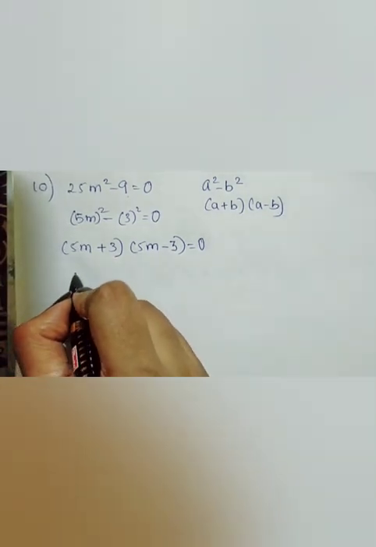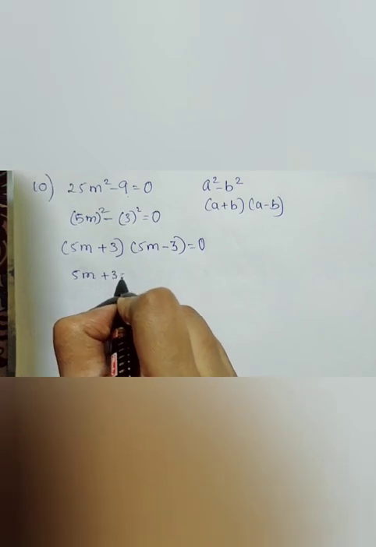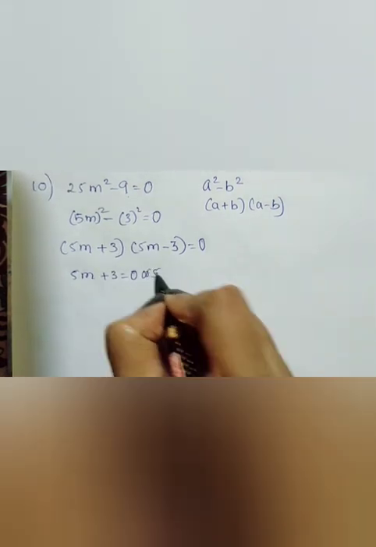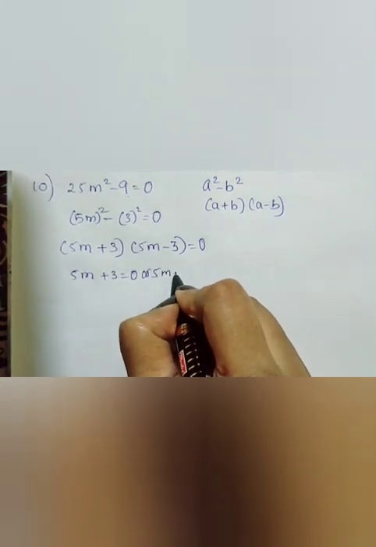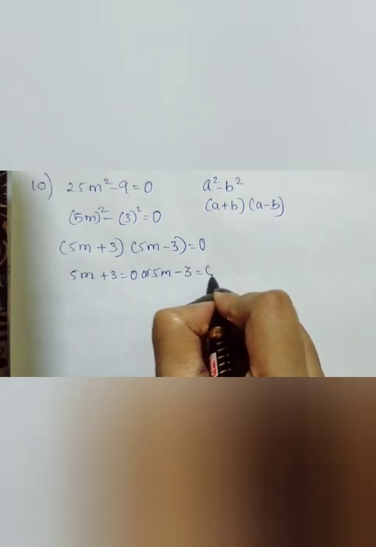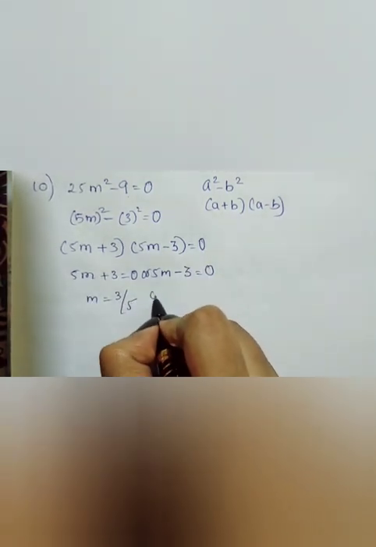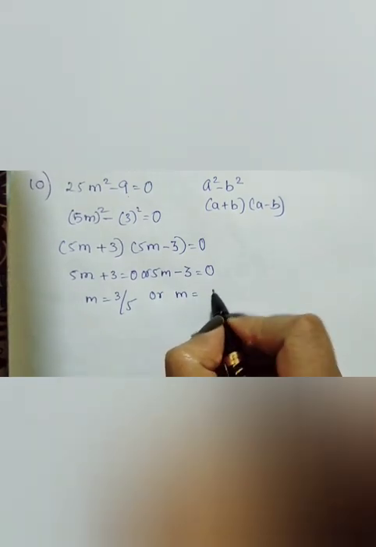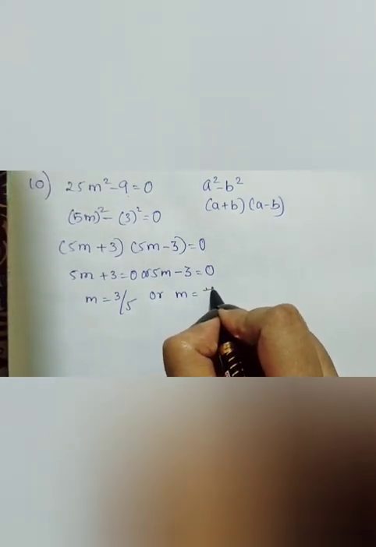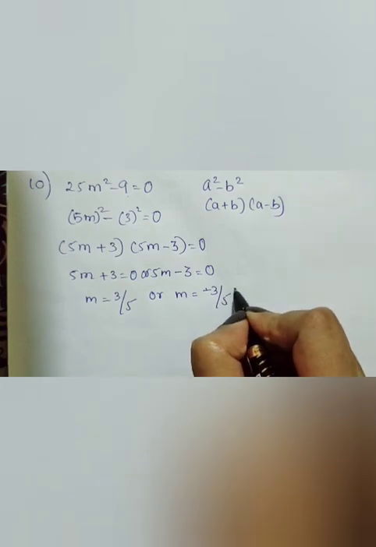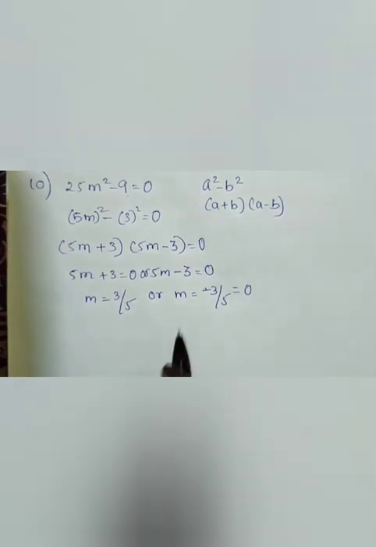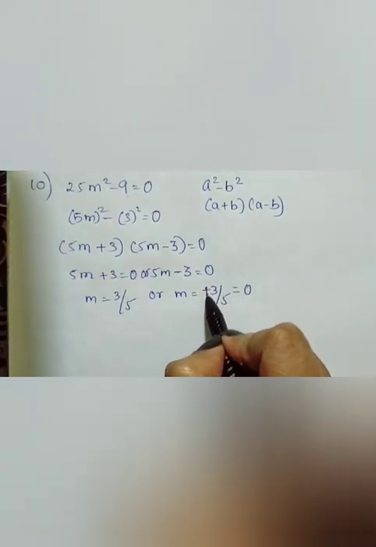Now we are going to write here 5m plus 3 is equal to 0 or 5m minus 3 is equal to 0. Now m is equal to minus 3 upon 5 or m is equal to 3 upon 5. Okay, here plus sign is there, so it will come minus here.